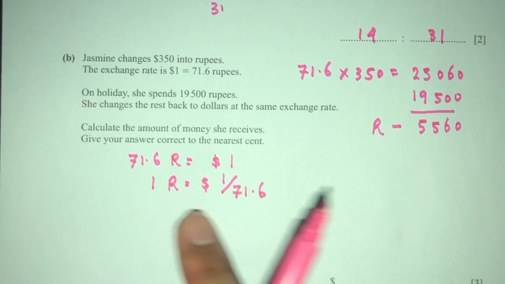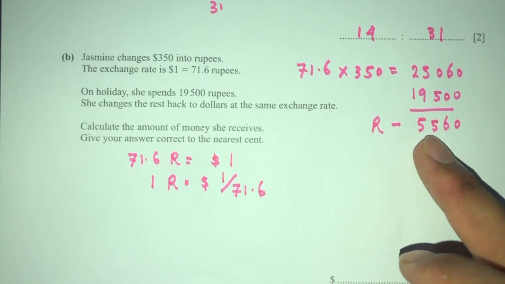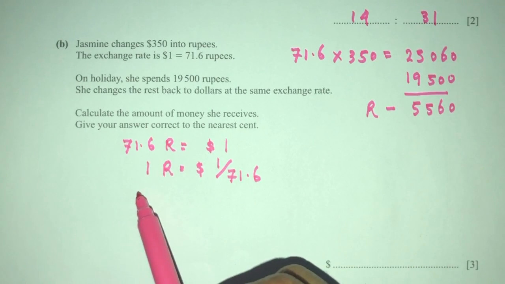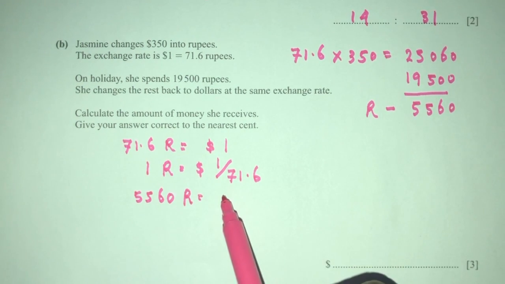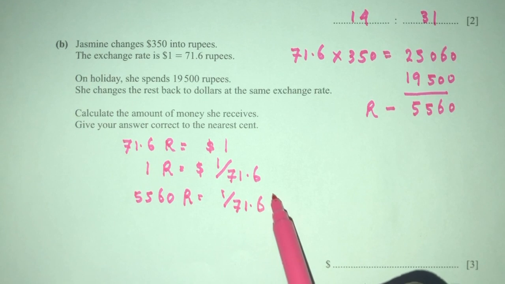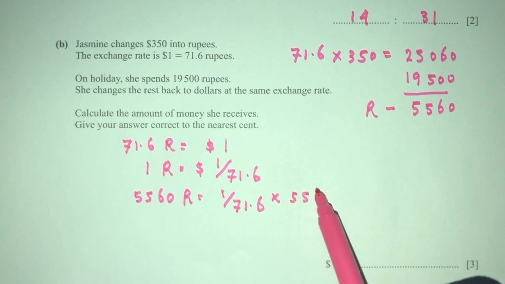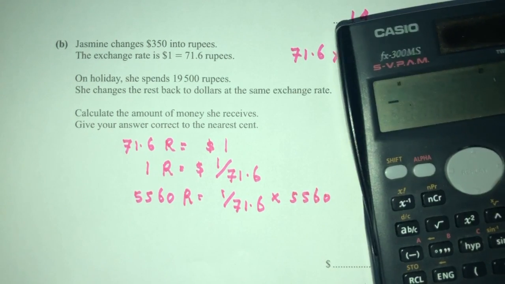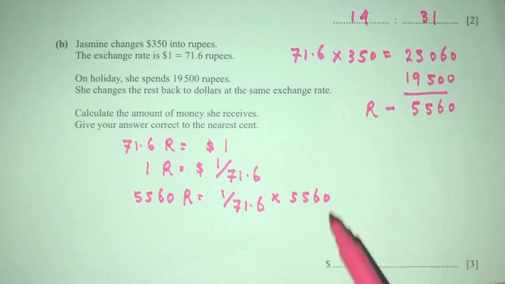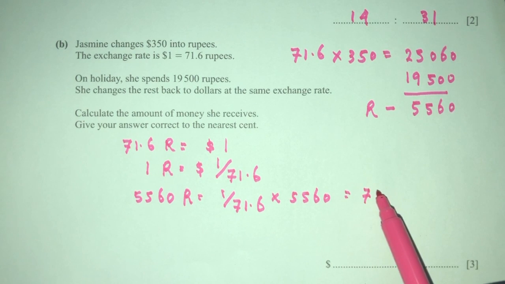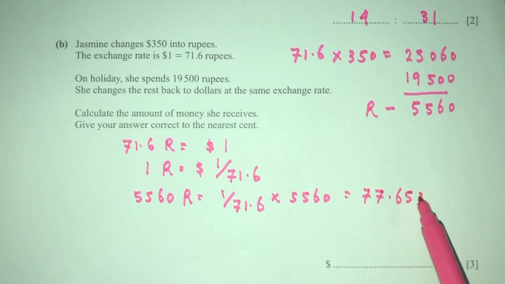Now the goal is to find out how much is this much rupees. So 5560 rupees will be this over here times 5560, and that will be 77.6536.